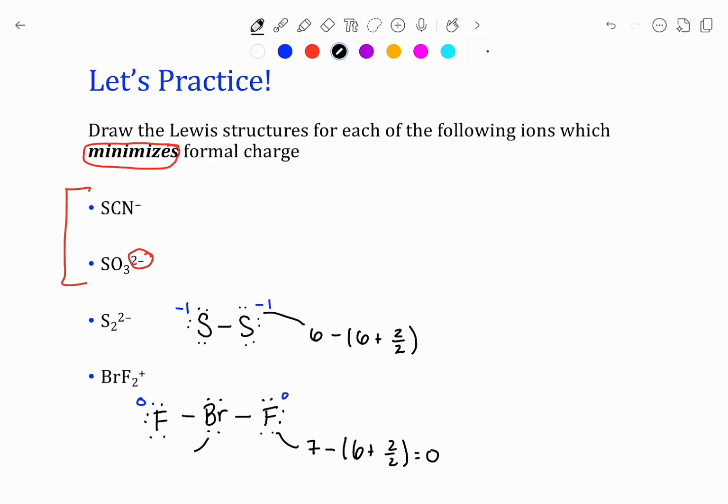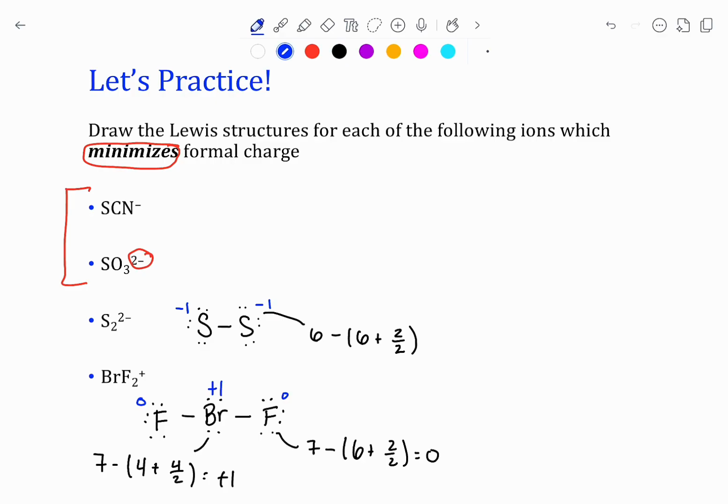And then for our bromine, I have 7 valence electrons. I have 4 lone pair electrons, plus 4 that are in bonds divided by 2. So that gets me a formal charge of plus 1. So the bromine has that plus 1.